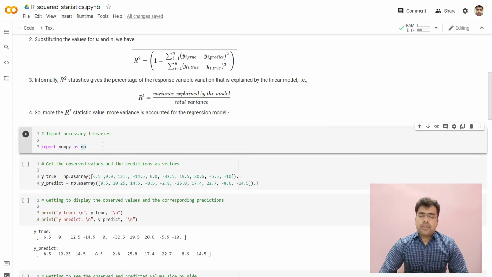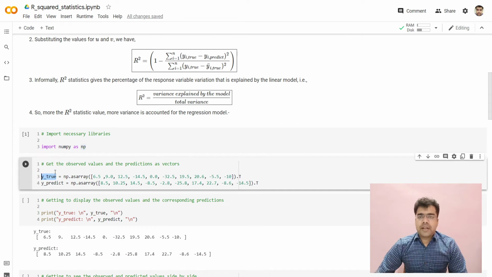Okay, now let us also assume for a while that we have a model in place, and that model has made some predictions. So in this case, I have taken two vectors: y true, which contains the ground truth for some 10 samples, and y predict, which has the predictions made by the model, the model whose R squared statistics we have to compute.